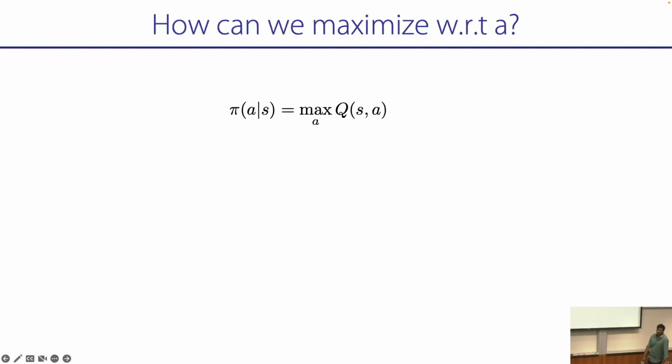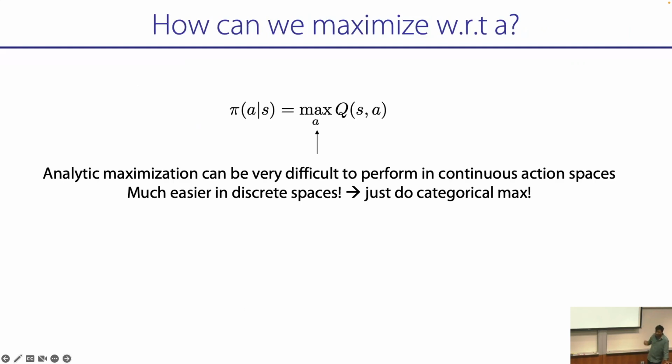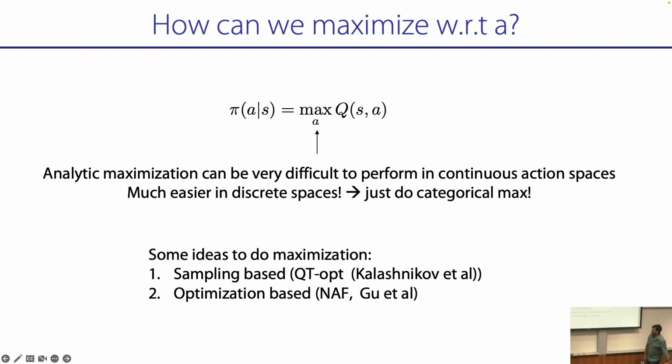Now, there's a good question about what happens if your action space is huge, right? This is easy to do in discrete spaces because you just enumerate actions and then you pick the max. But in a continuous space, you have to solve that optimization, which is a pain. And there are no super awesome ways to do it right now, which is why most people would still use the actor critic methods in continuous spaces.